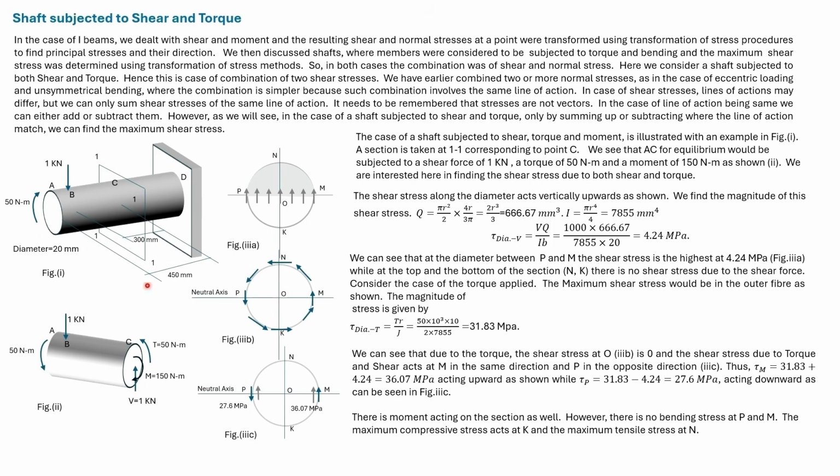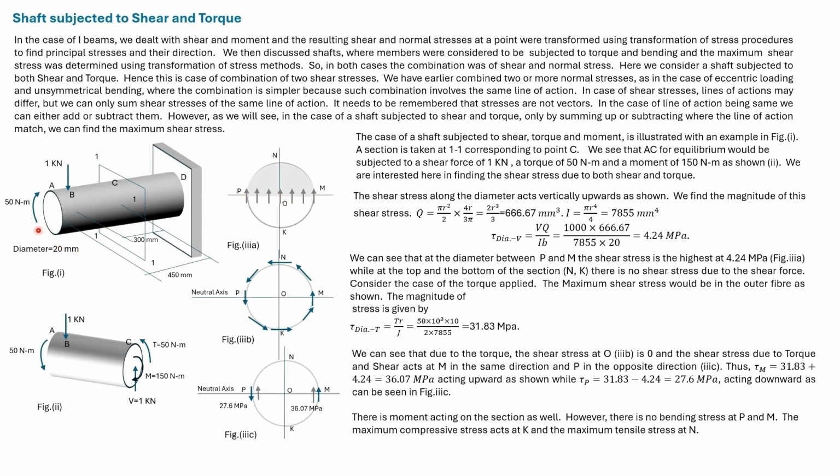So here we have a circular bar subjected to torque and shear. We consider a section 1-1. Section 1-1 will also be subjected to a moment due to this load, apart from shear, and it is also subjected to torque. If this is the section, then along the diameter, the shear stress due to this force will be constant.